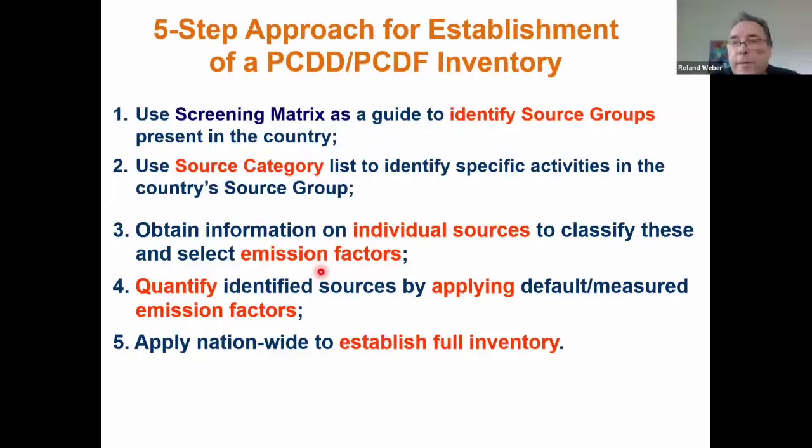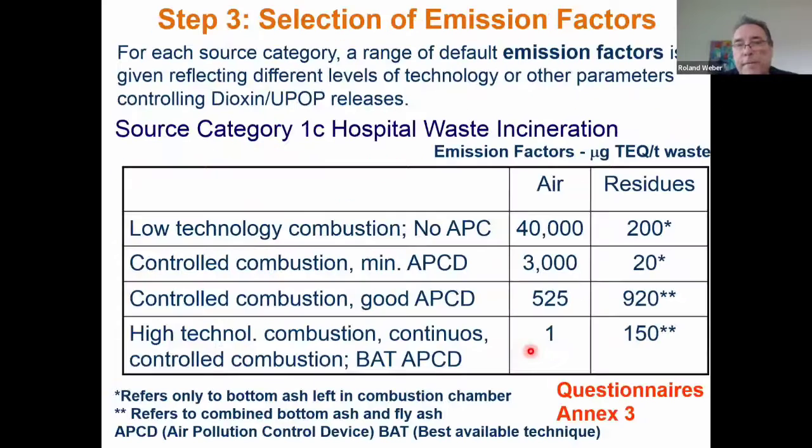Here you have information in the toolkit which gives you guidance on how to select emission factors for different facilities. And then the fourth step is the quantification, this multiplication of the different sources with the emission factors. And by the compilation, finally, you have a fully established inventory.